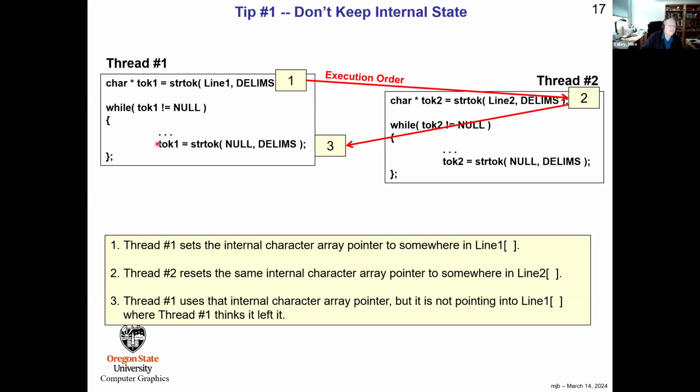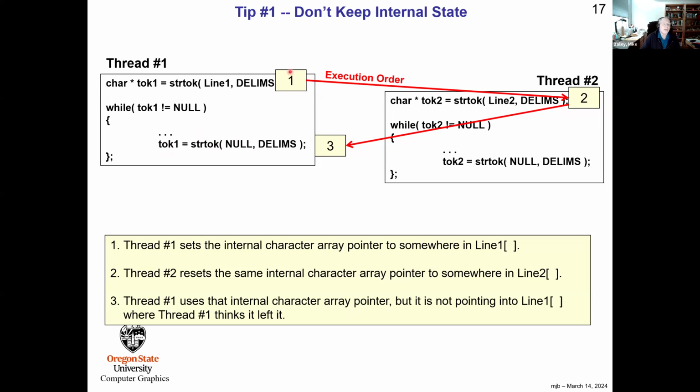Then from then on, you keep calling it and it gives you back a pointer to the next token. But notice nowhere in here do you tell it where to go. Like here, we told it to go to the start of a character string called line1, but we're not telling it that. How does it know? It knows because it's keeping that pointer internally.